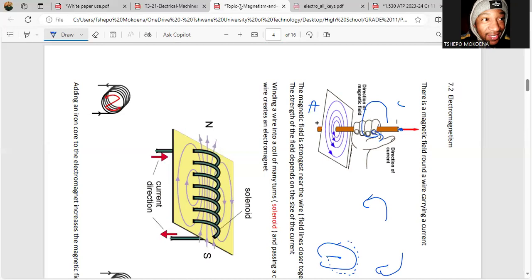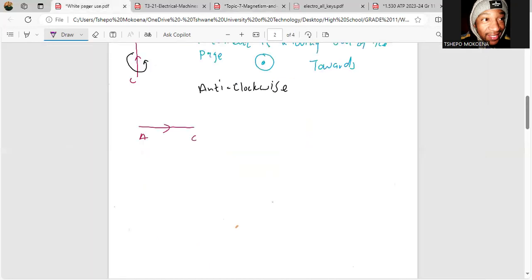So if the current is moving from A to C, the magnetic field over here is going to be a little bit different. How are we going to read the magnetic field? It's simple. Let's start by talking about the direction of the current first, as we did over there. Direction of the current here, we're not going to say it is into the page, out of the page, moving away, or moving towards.